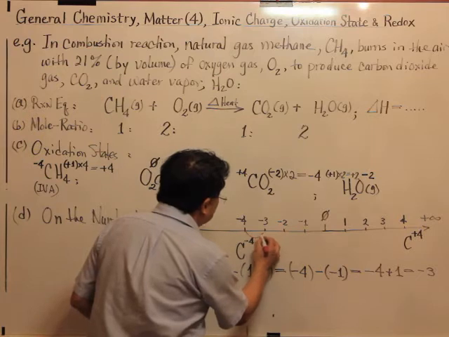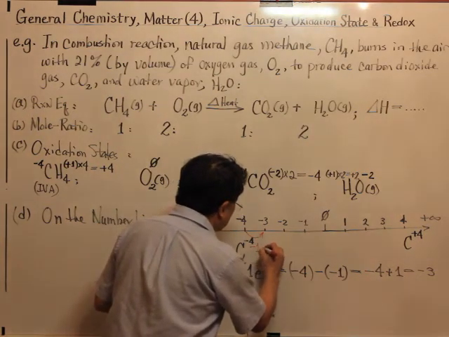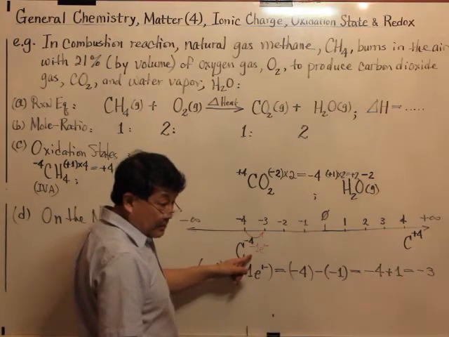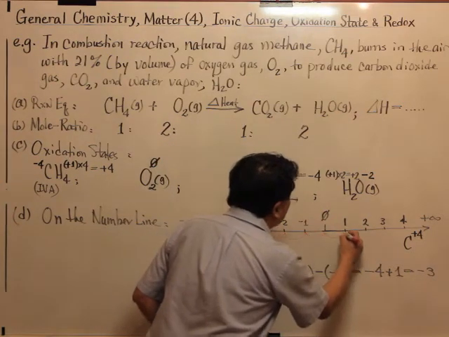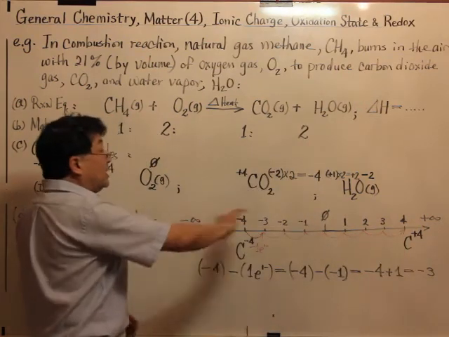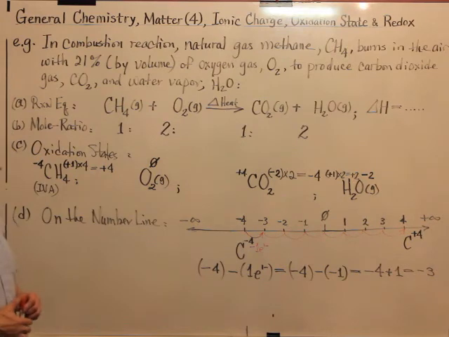1 jump means lose 1 electron, right? -1 electron. How about that? Is that clear enough or thick enough? I'm going to get some thicker marker. And then 2, 3, 4, 5, 6, 7, 8. See that? Losing a total of 8 electrons, the carbon will go from -4 and end up with +4.